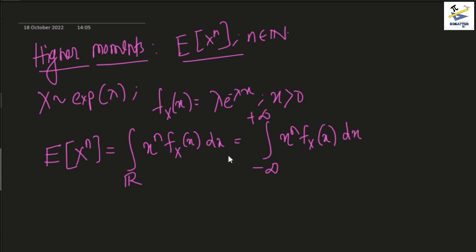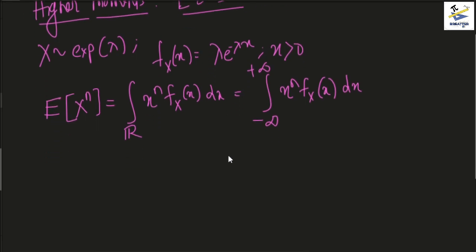And as we know, we can manipulate this because the PDF is not defined in the region from minus infinity to 0, so we can manipulate it as follows to get the following resulting integral.